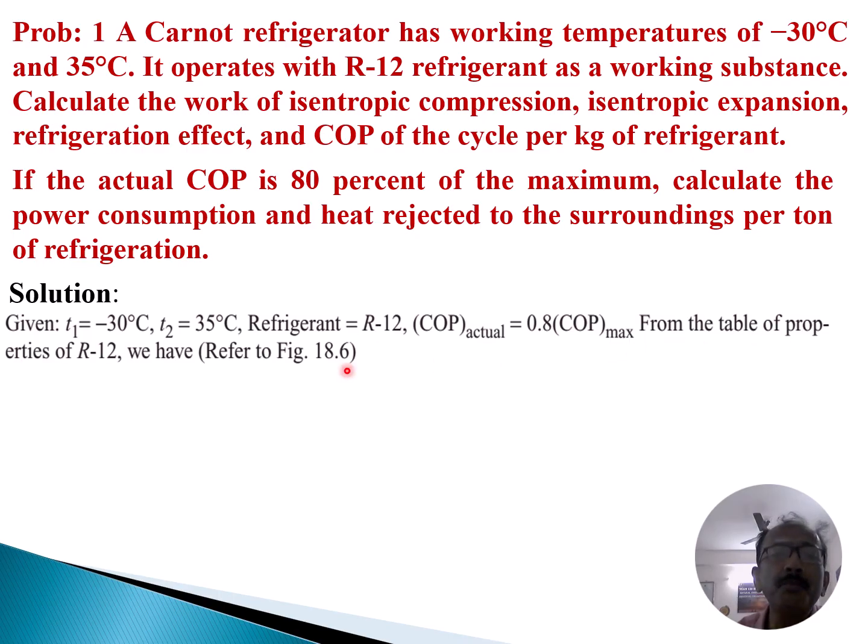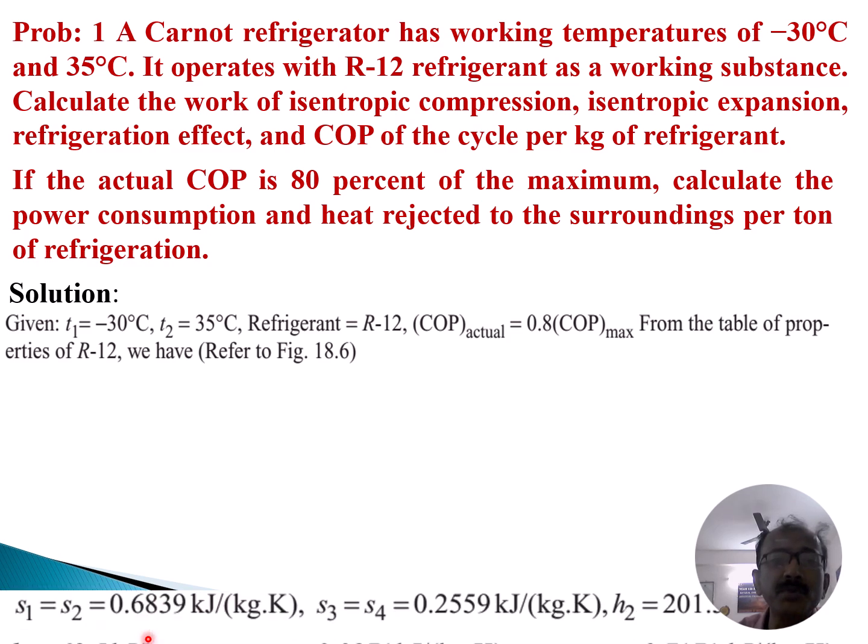So from the table of properties of R12, we have the following, that is the reference number. So from any reference book or any R12 chart, we will get all the values of R12, that is enthalpy, entropy, temperature.